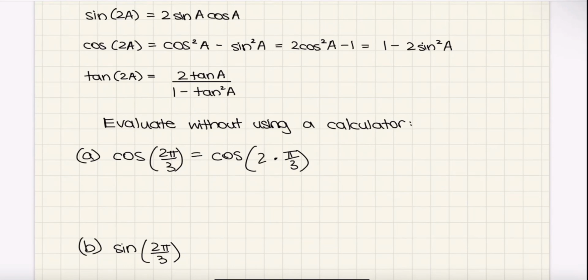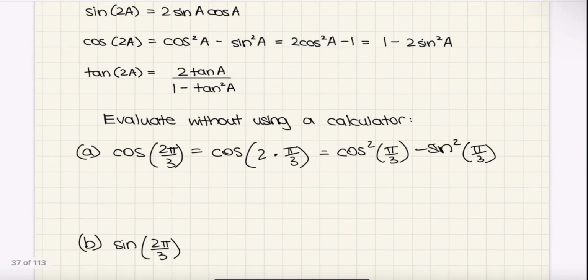So according to this formula here that we're going to use, this would be equal to cos squared pi over 3 minus sine squared pi over 3, since pi over 3 is our A value here. Now, for cosine, I know there are two other formulas as well. There's also this one, and we can actually use any of the three of them and get the same result.